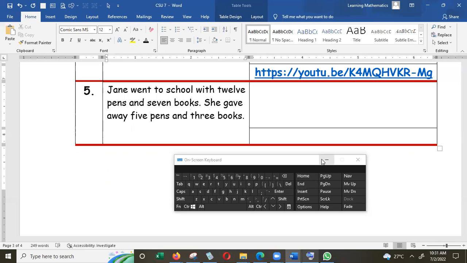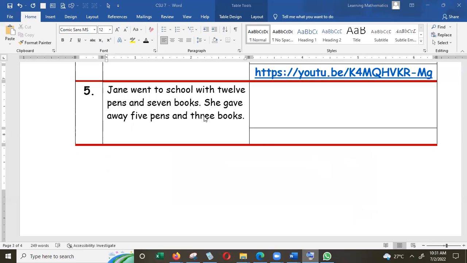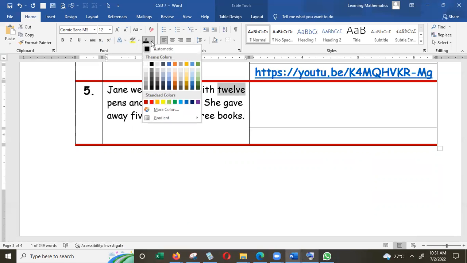Okay, so words that communicate quantitatively in math have their symbolic translation. For example, the word 12 is a quantity, it has its symbolic translation.